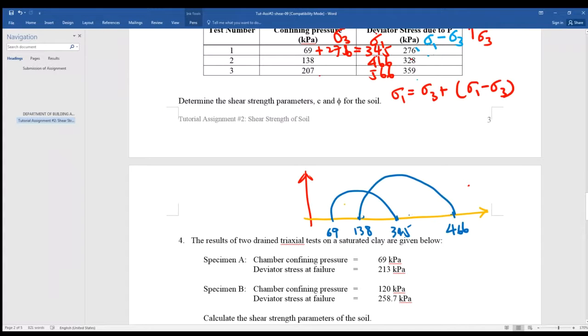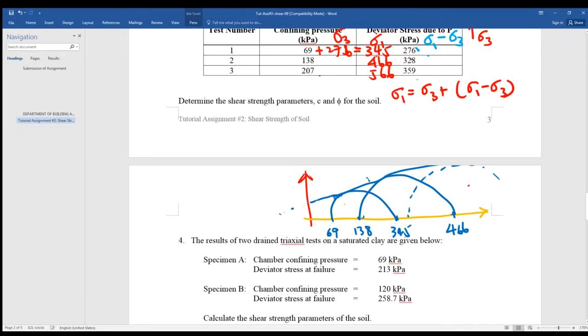I don't want to repeat; you have many. So you draw the Mohr circles, and then you obtain this straight line.